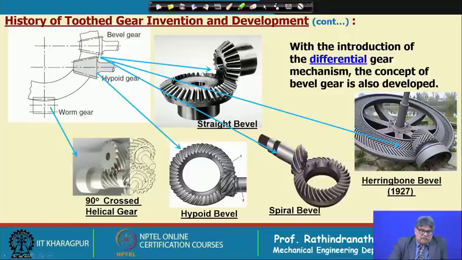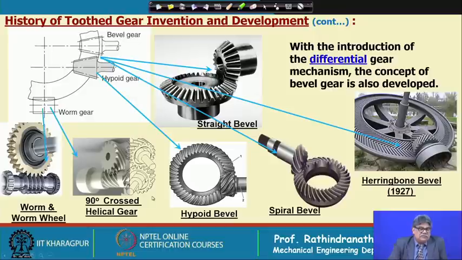Now, if we develop further the crossed helical gear, then we shall arrive at the worm gear. Now, in case of crossed helical gear, the teeth number of this one and the teeth number of this, particularly the teeth number of the pinion, may be 3, 4, 5 etc. Whereas, in case of worm gear, a self locking worm gear will have only single start spiral teeth.